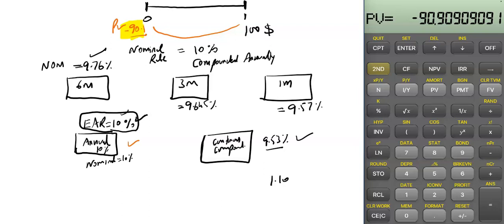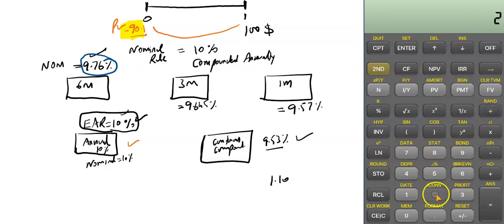Now let's discount it with a 6 monthly rate. Remember, 6 months are twice in a year, so you have to calculate half of this rate. N will be 2, IY will be 9.76 over 2, which is 4.88.